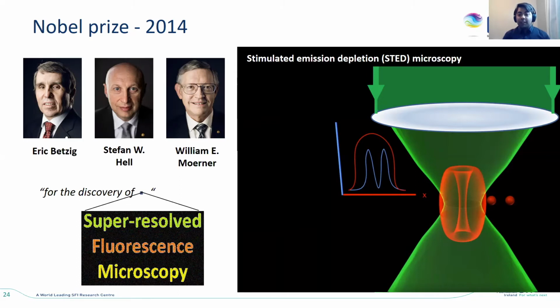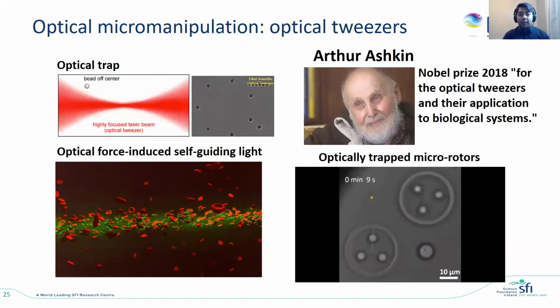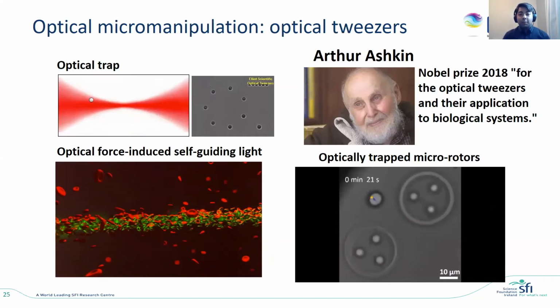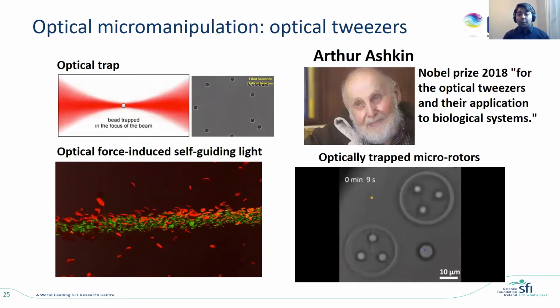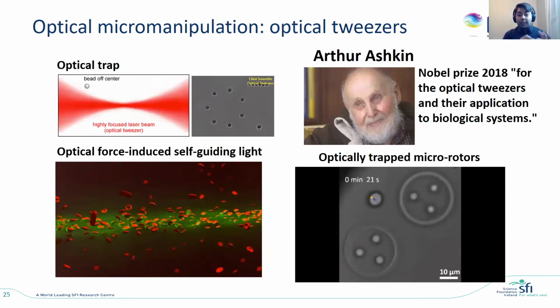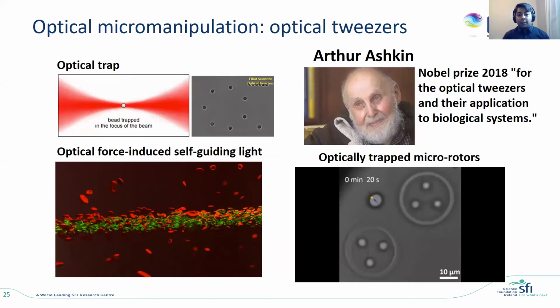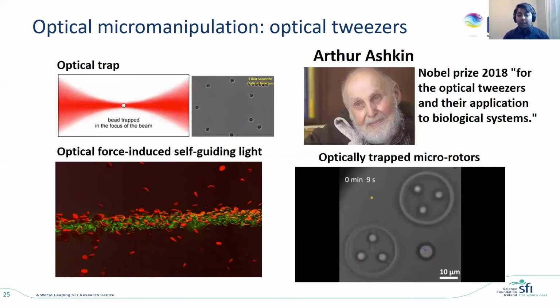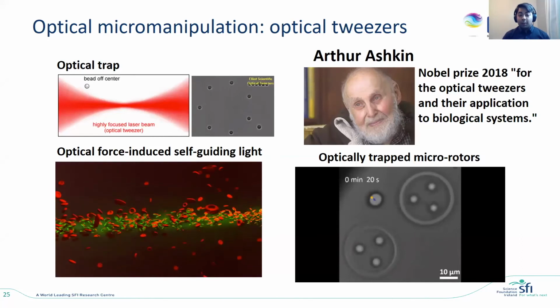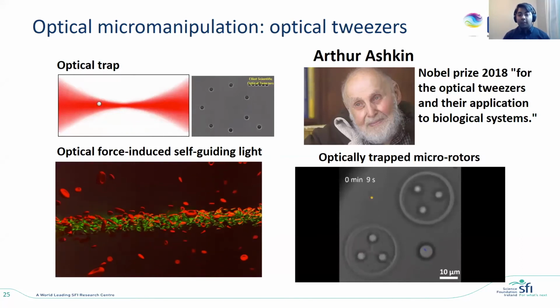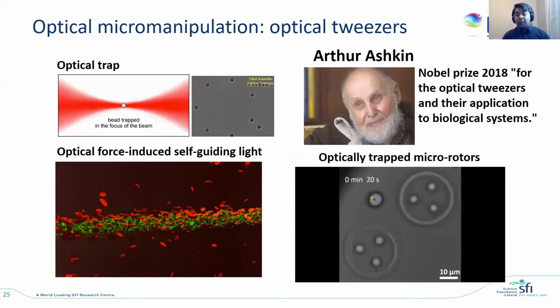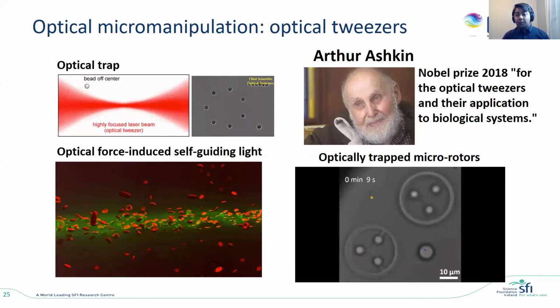And still in the microscopy world, we cannot only see small structures, but we can also manipulate them. So there are techniques with micro manipulations and with optical traps or optical tweezers. In this case, the beads are concentrated in the focus, and you can use this to manipulate your sample, for example, by self-guiding all red blood cells into a certain area of your sample, or even building micro machines that will control the flow inside the cells.